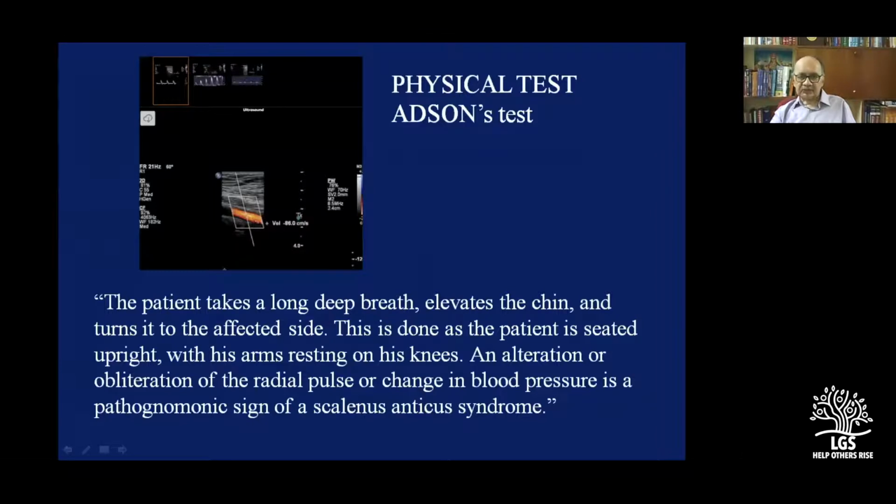Adson's test can be confirmed by a good vascular duplex probe in different positions. You take the compression, and if there is a gross reduction of more than 50%, it is suggestive of a positive physical test by Adson.